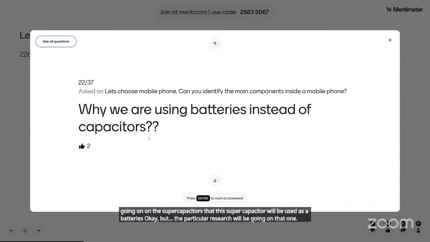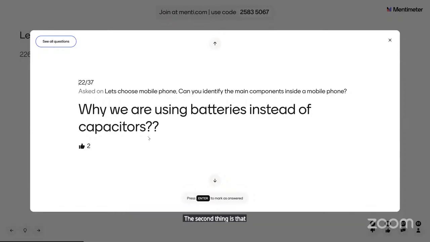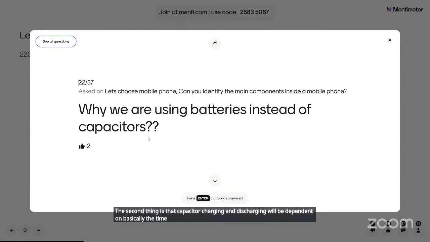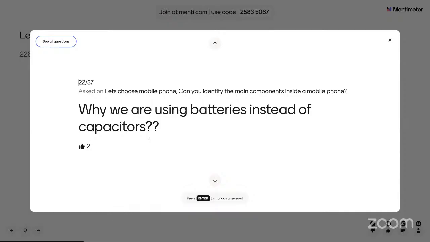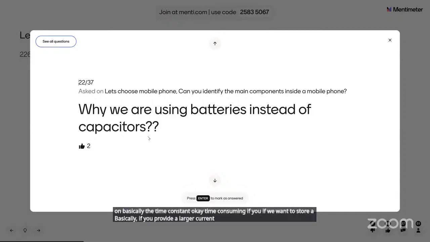The second thing is that capacitor charging and discharging depends on the time constant. If we want to store more, or if we provide a larger current, we have to increase our capacitor size. If we increase the capacitor size, our resistance will increase.